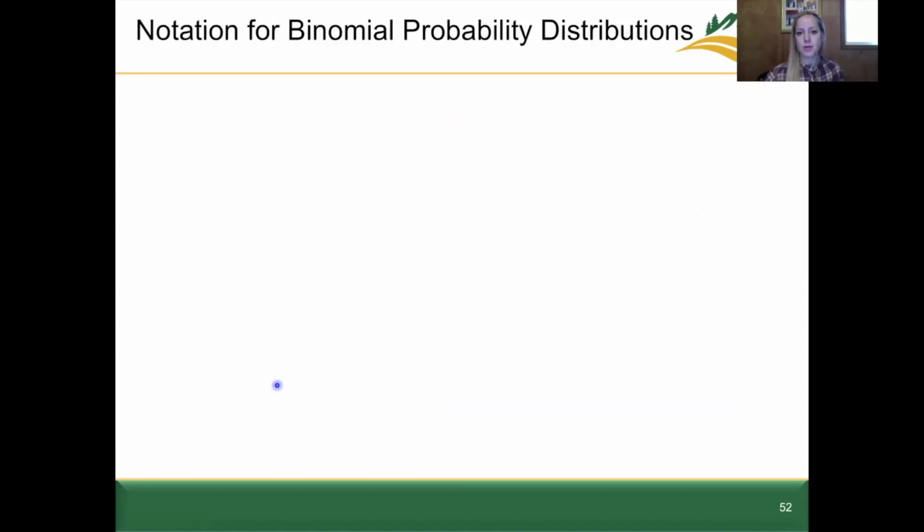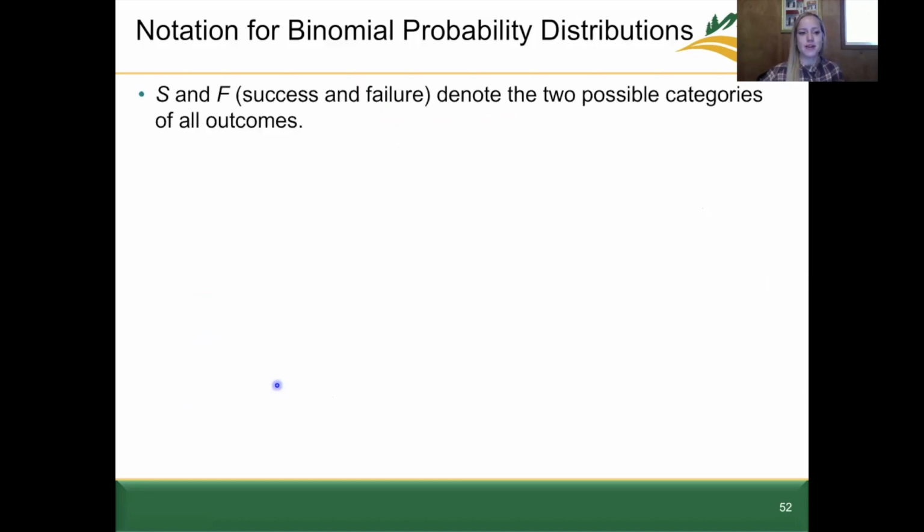So with binomial probability distributions, we need to talk through the notation. We're going to talk about capital S and F as being a success and a failure. Remember what we just talked about on the last slide. There can only be 2 possible categories of outcomes, either a success or a fail.